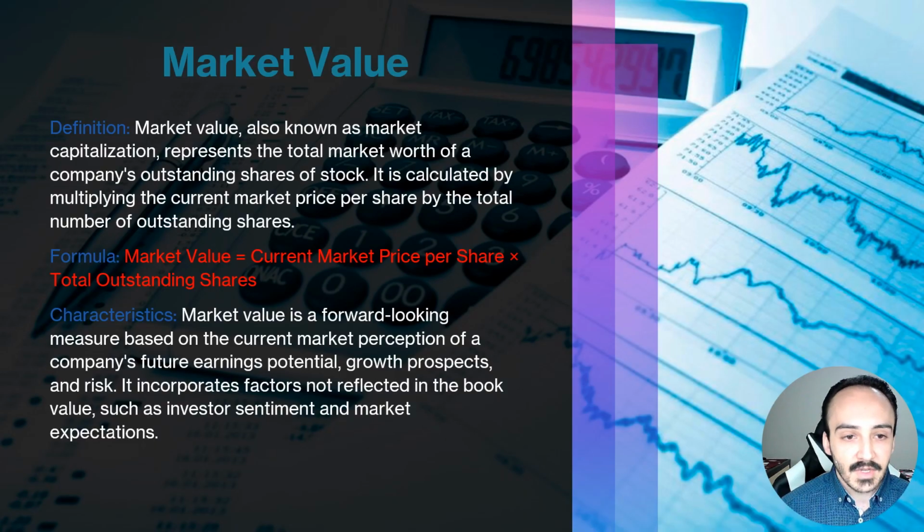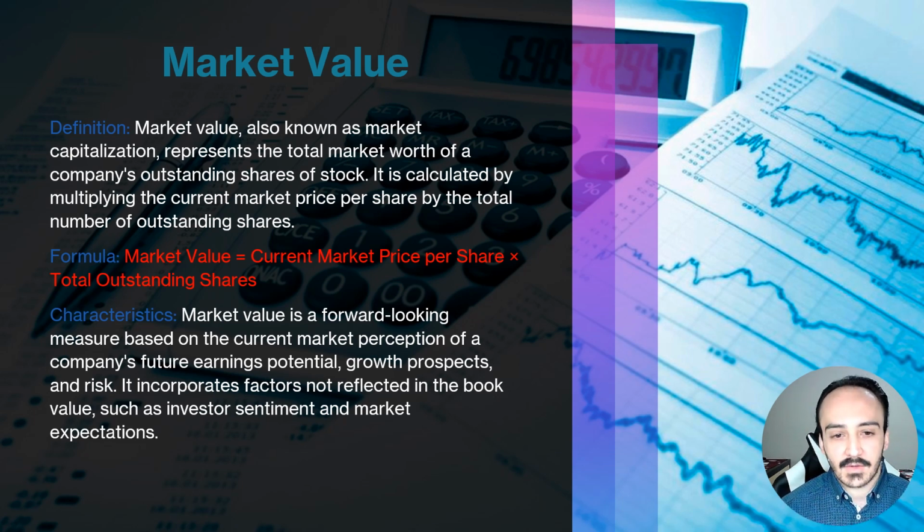intellectual property. Market value, also known as market capitalization, represents the total market worth of a company's outstanding shares of stock. It is calculated by multiplying the current market price per share by the total number of outstanding shares. The formula: market value equals current market price per share times total outstanding shares.